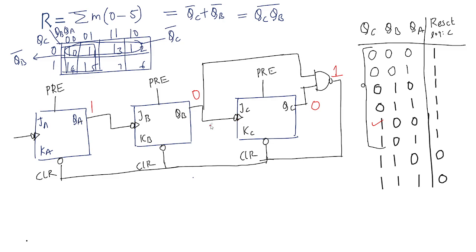Understood? Suppose if we take 6, so this is 1, 1 and 0. 1, 1, 0 means the output is equal to what? 0. So that means clear is activated, 0 is applied to all the clear signals, and it will come to the initial state 0 0 0. Is it fine?